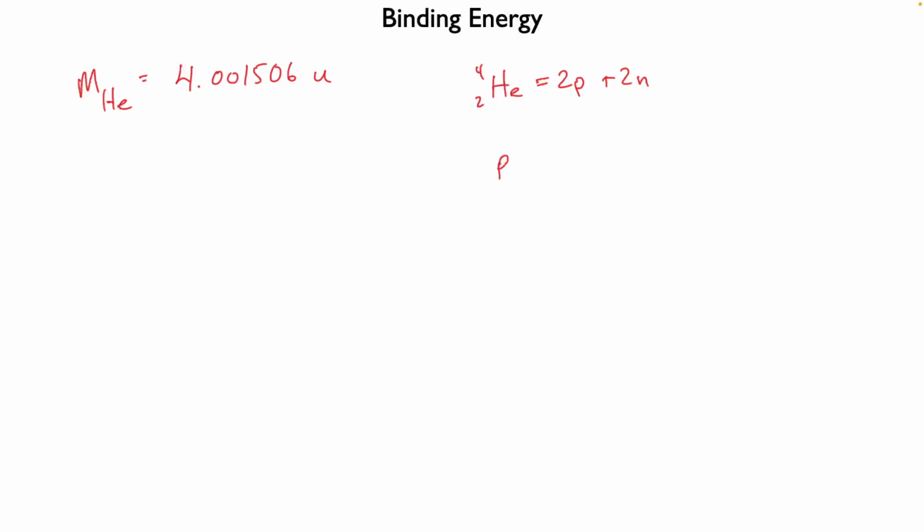Now, the mass of a proton is 1.008665, and the mass of a neutron is 1.007276.